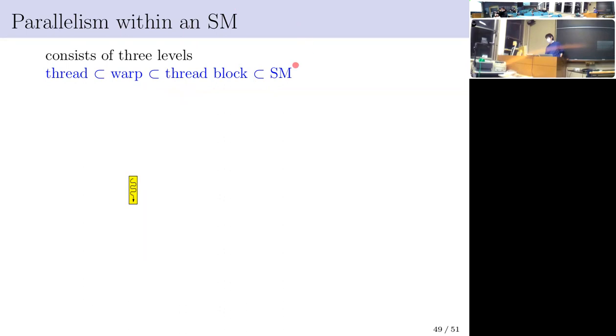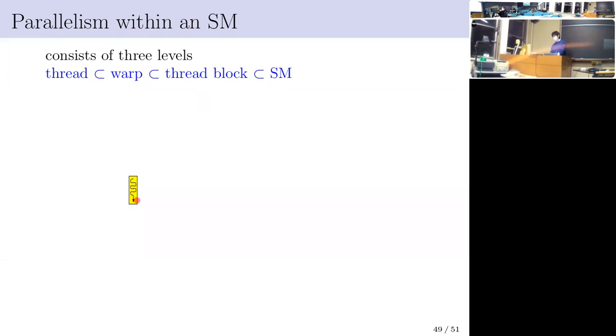And each streaming multiprocessor physical core can execute multiple thread blocks at the same time. So you can think of a single streaming multiprocessor as having 4 levels of parallelism.